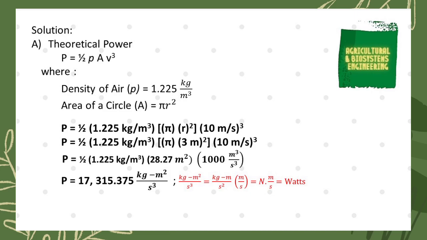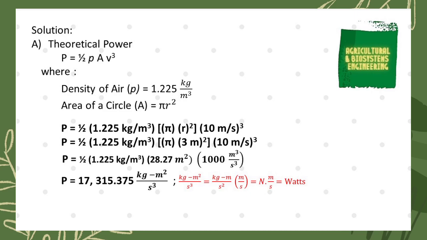And we can simplify our unit into watts by extracting meters per second. So giving us kilogram by meter per square second times meters per second. And we know that kilogram by meter per square second is equal to Newton.